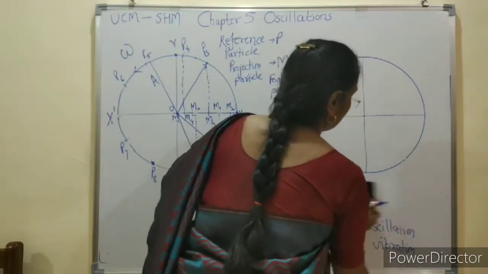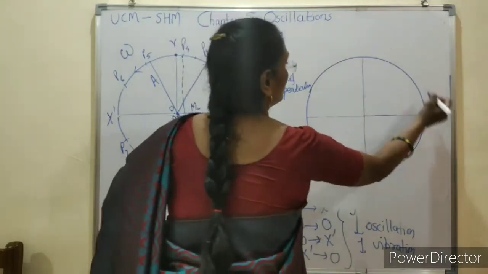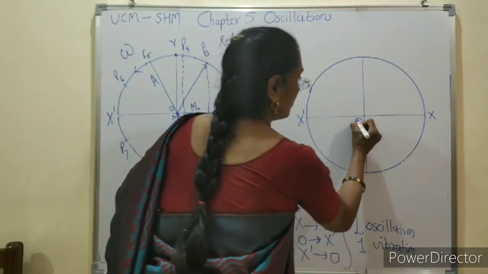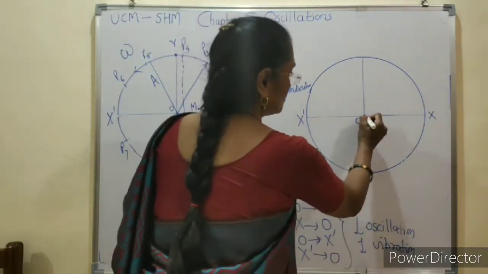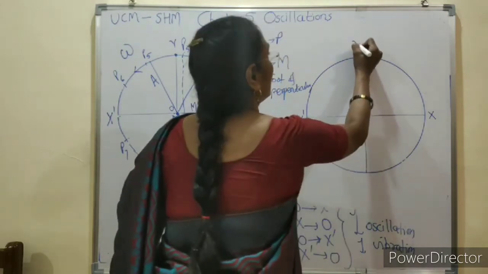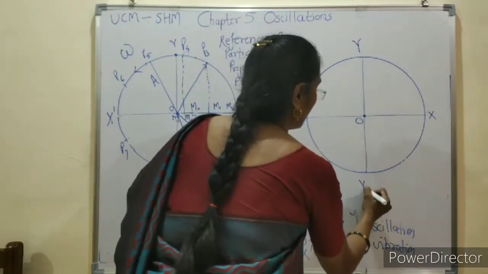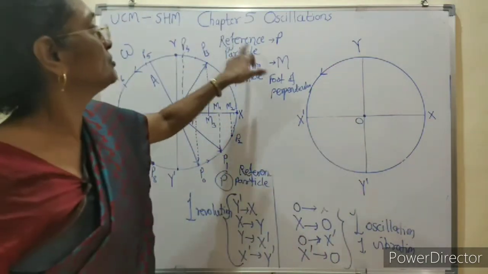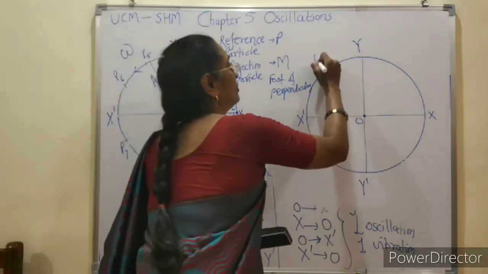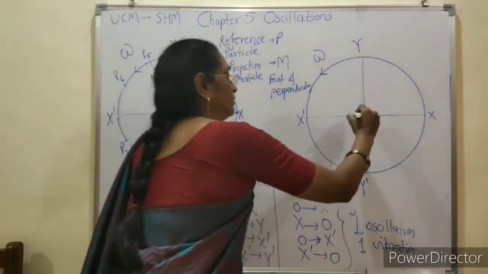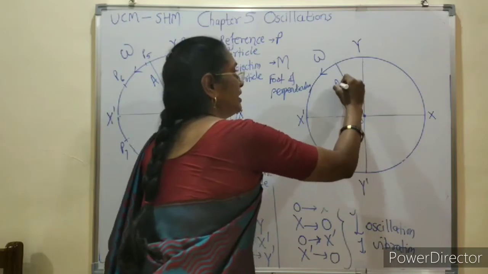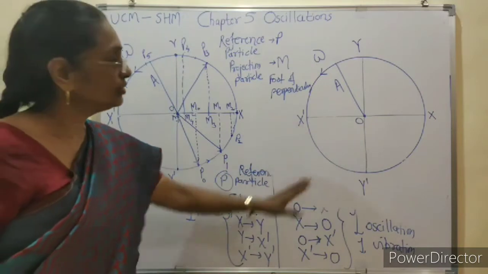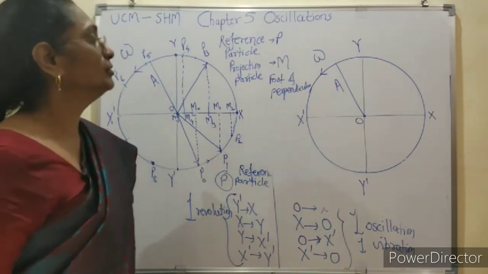In the second figure, again we show the diameter by X dash, the origin, or center of the circle, by O, another diameter by Y dash, and the particle is the same reference particle revolving with angular velocity omega, the radius of the circular path being A. Same situation we have to show in another diagram.